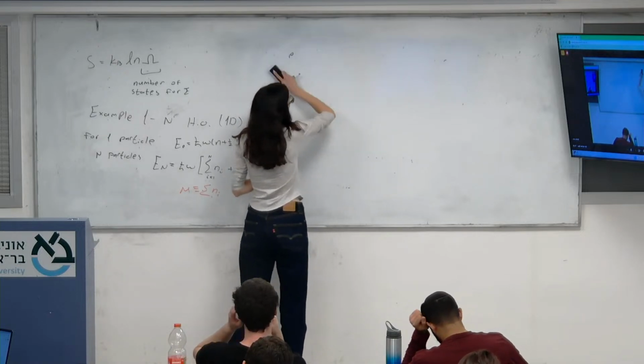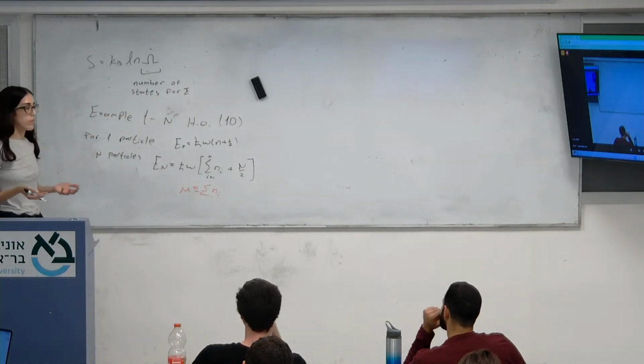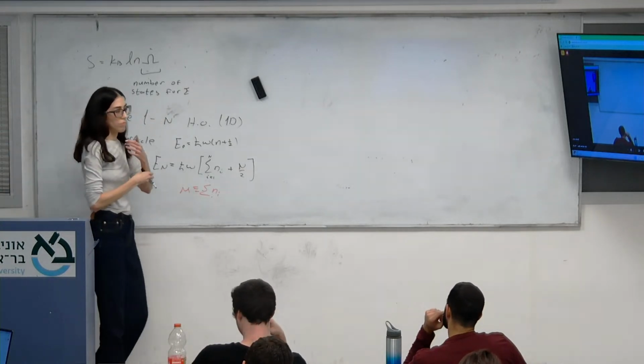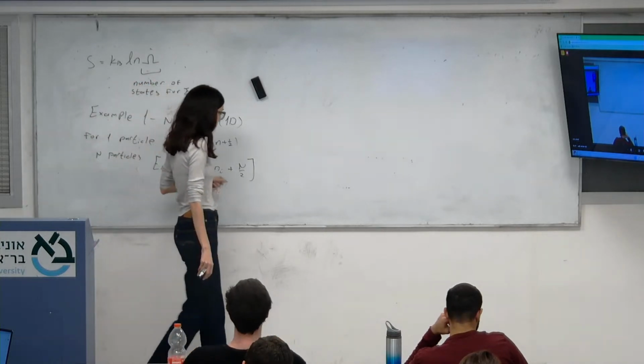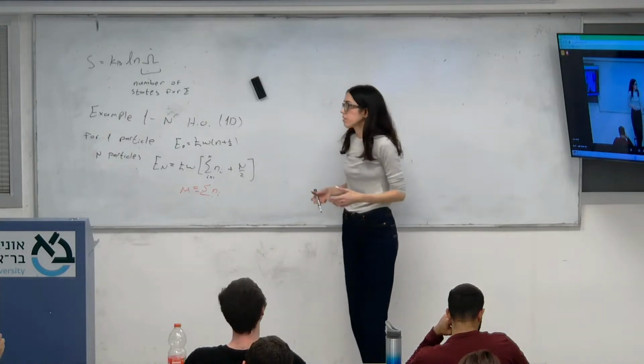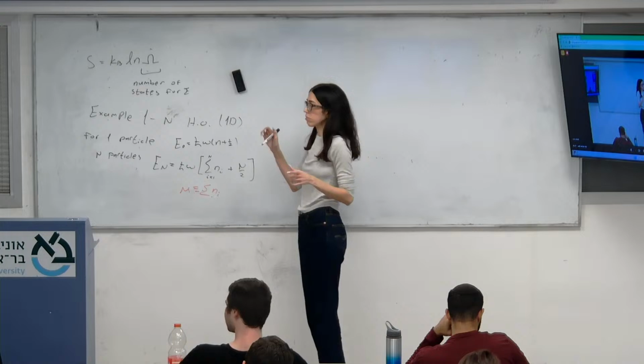So what we're going to do is to use combinatorics tricks that you probably saw in a statistics course at some point. Let's say we have n boxes.